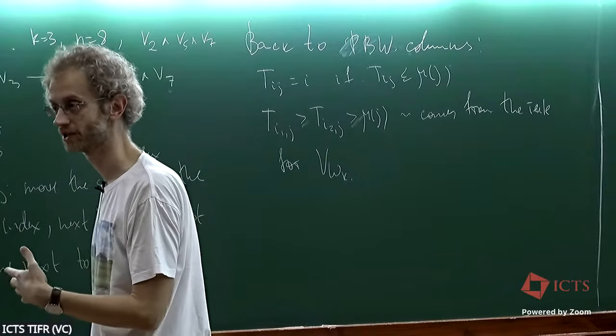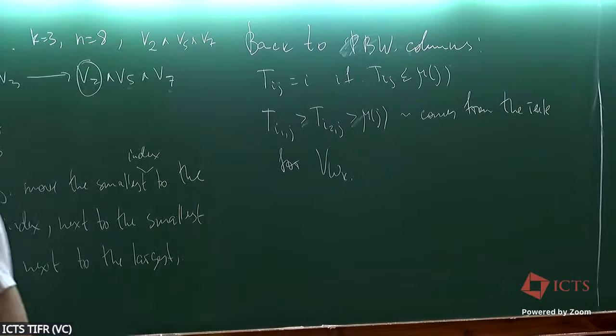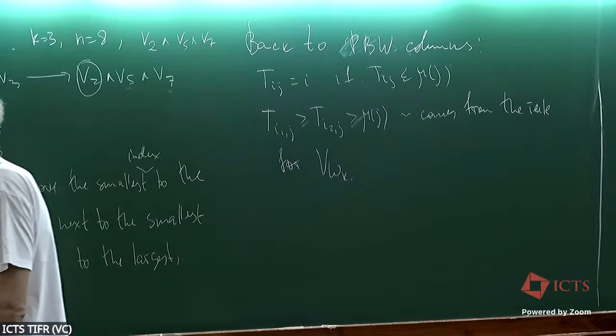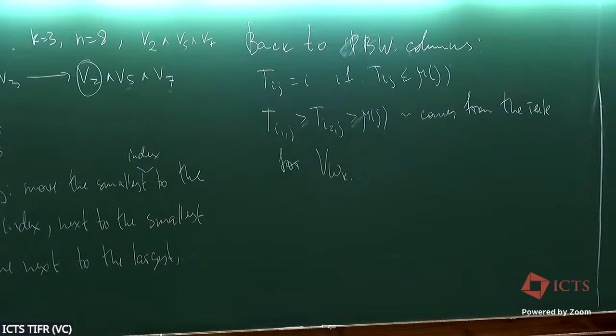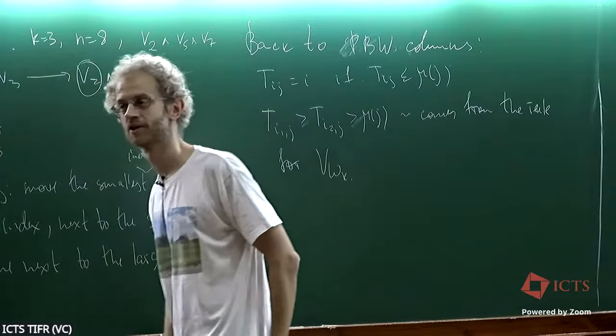This is why we needed those new tableaux, but they also provide the basis for the classical. Okay, so probably that's it for combinatorics of this tableau. And so before I move to the quivers, maybe there are some questions about this.